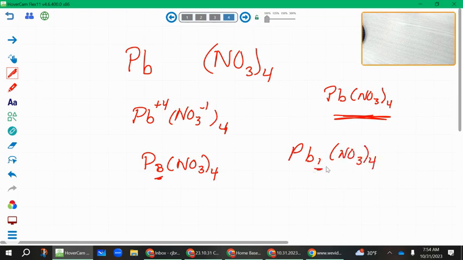Do not put a 1 in a formula. It will be wrong. Do not put parentheses around a polyatomic unless they are needed. It will be wrong. Okay?